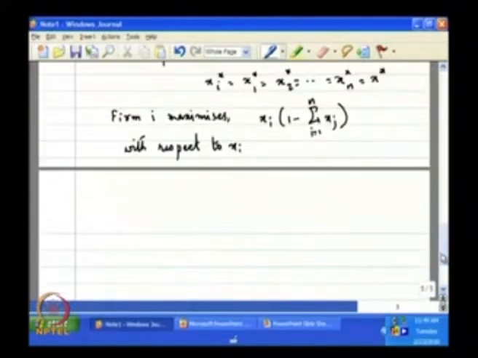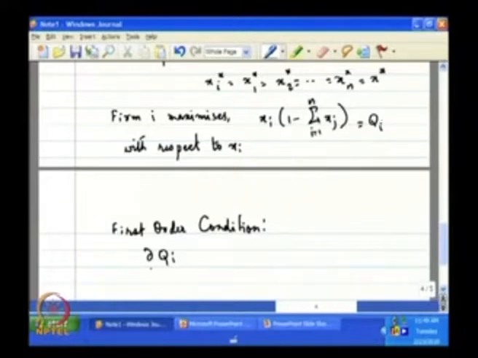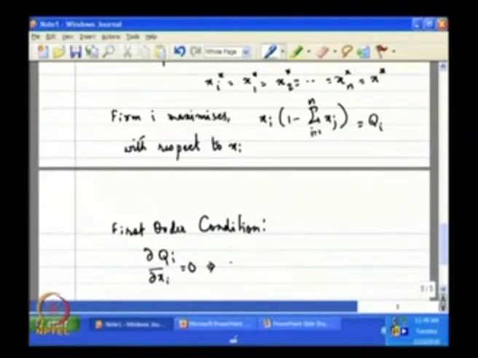Now, the first order condition is that this qi should be equal to 0, which means that 1 minus this entire thing, x1 plus x2 dot dot dot xn, minus xi, is equal to 0.